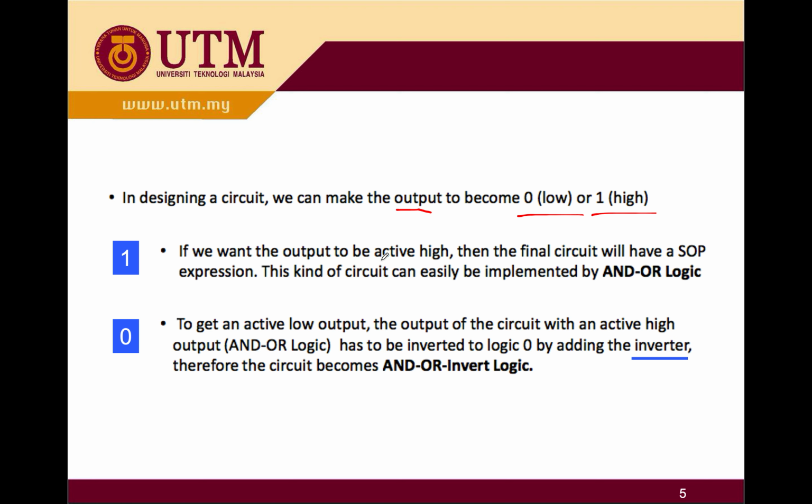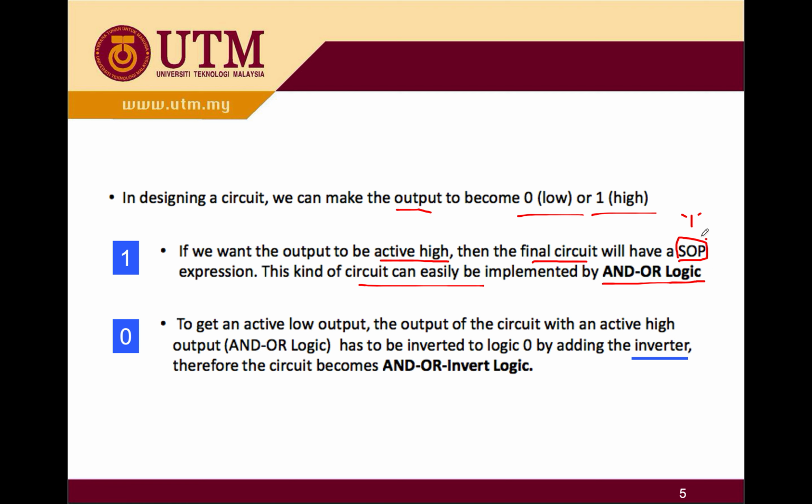If we want our output to be active, then your final circuit will have an SOP. Why SOP? Because the output is 1. Please look back at your module 4 if you have difficulty understanding why you need SOP for active output. This kind of circuit can easily be implemented using AND-OR logic.